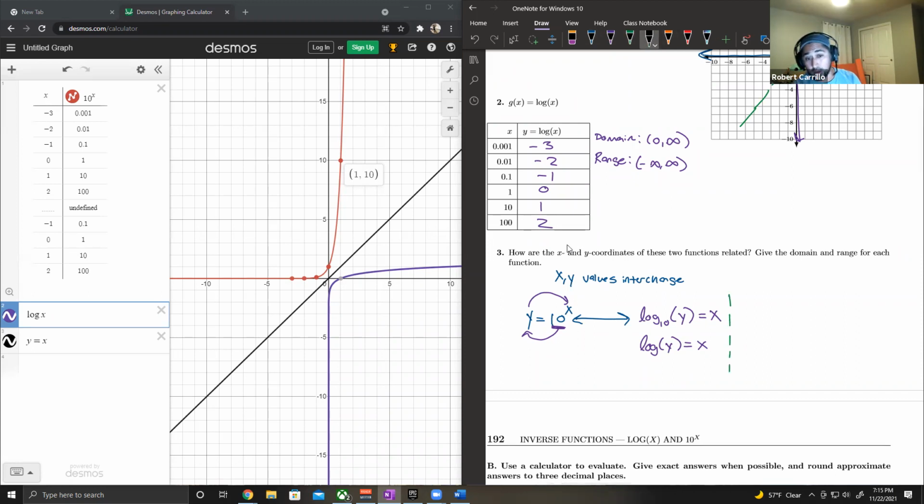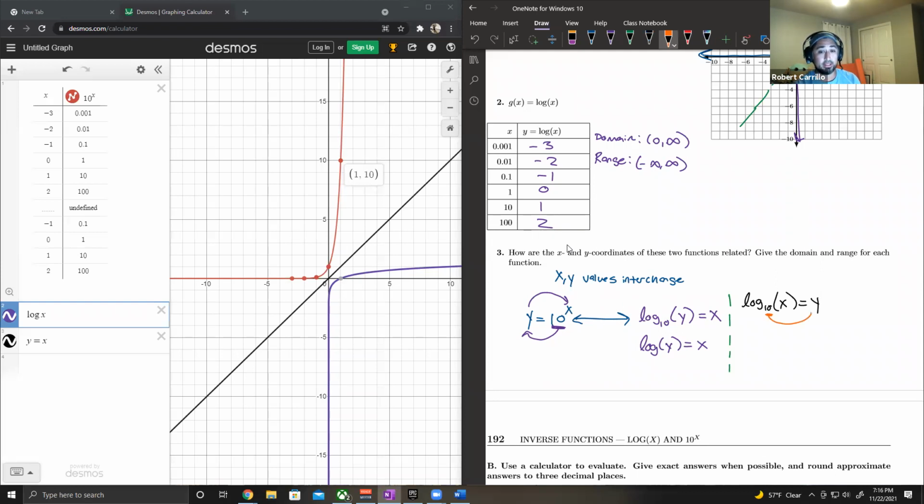Now, of course, there's the other route. You can go from log, so we're going to say log base 10 of x equal to y. Now we'll go from log to exponential, and the same rules apply here. The base of the log now becomes the base of the exponential function.